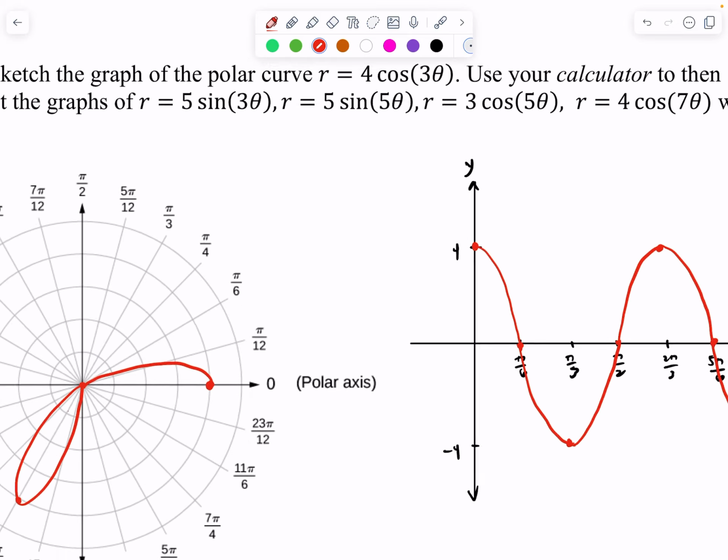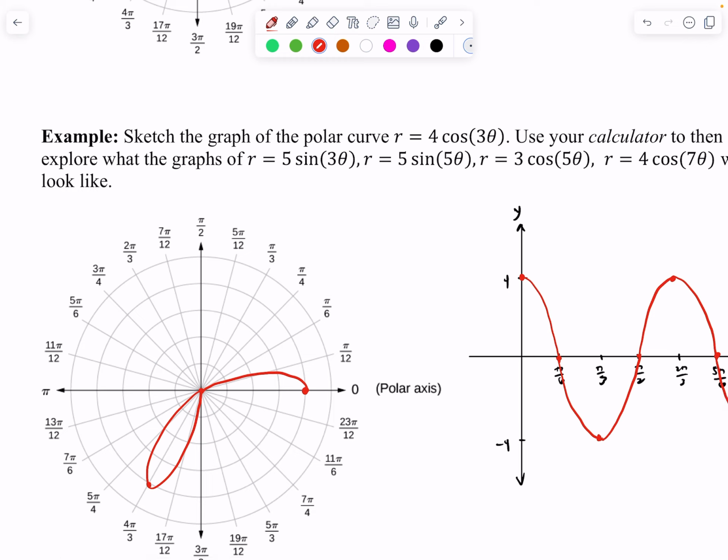And then from pi over 2 to 2 pi over 3, r would be positive again. And at 2 pi over 3, r is 1, 2, 3, 4. So it'll go like so.